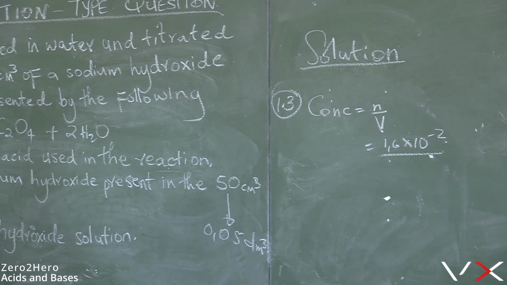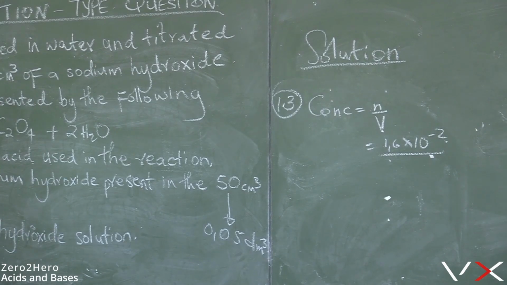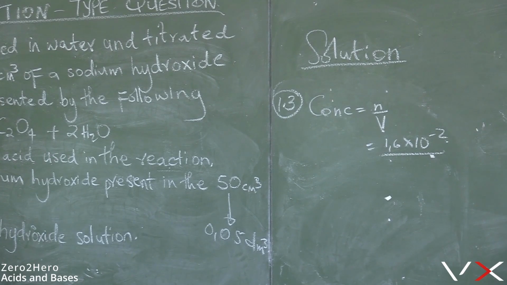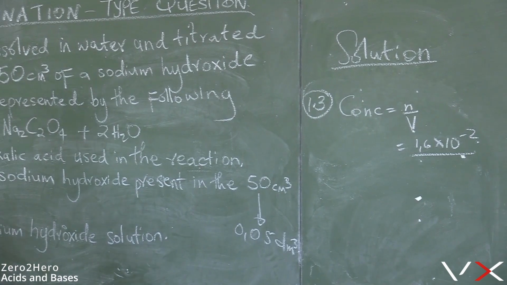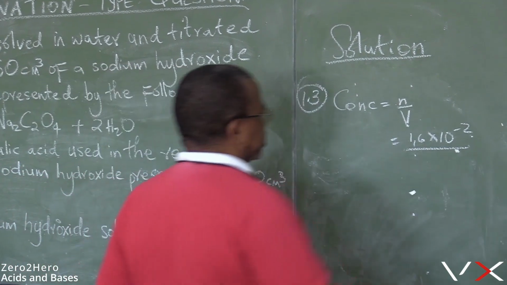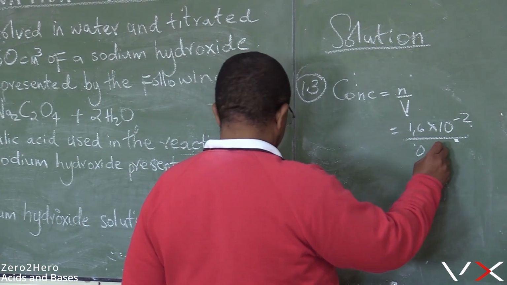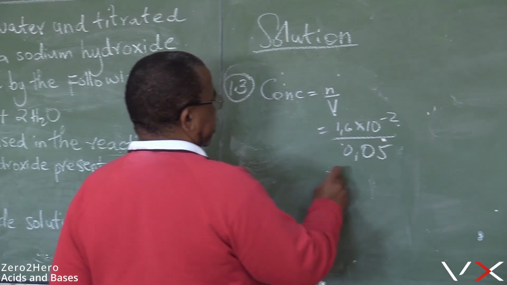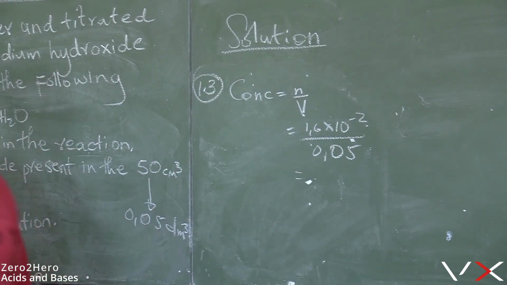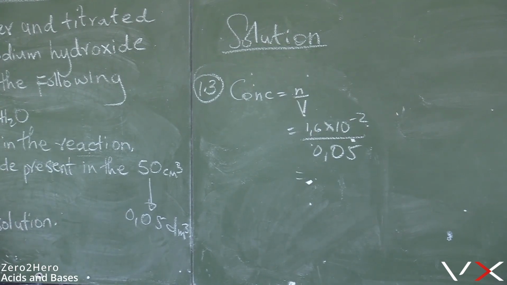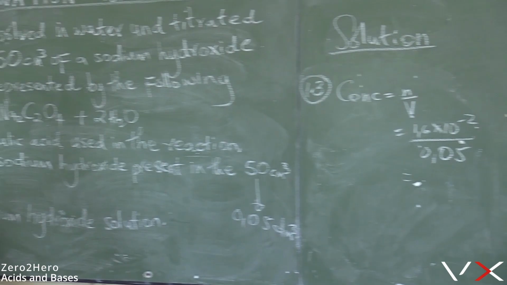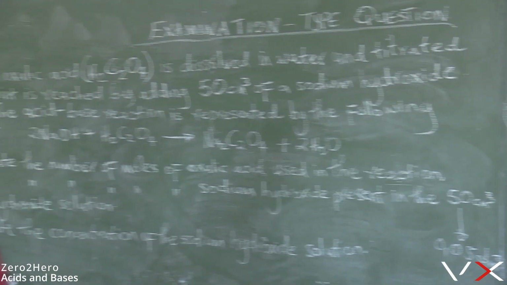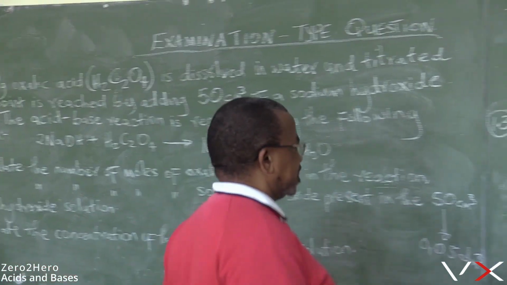Divide by 1,000 when we convert cubic centimeter to cubic decimeter. So 1.6 times 10 to the power minus 2 divided by 0.05. It's 0.05. So we have that.